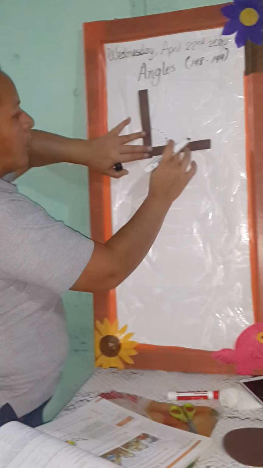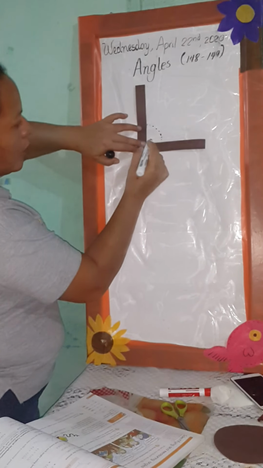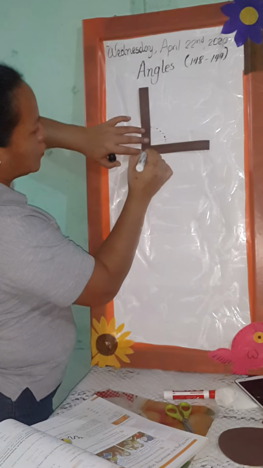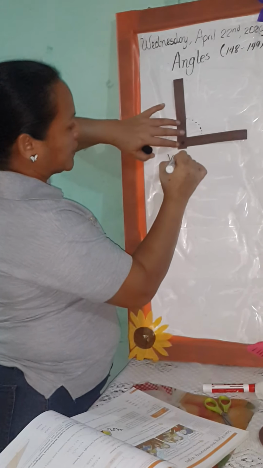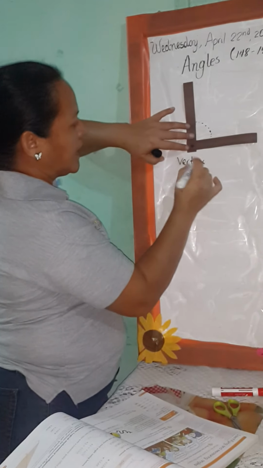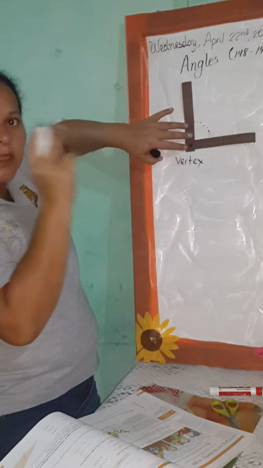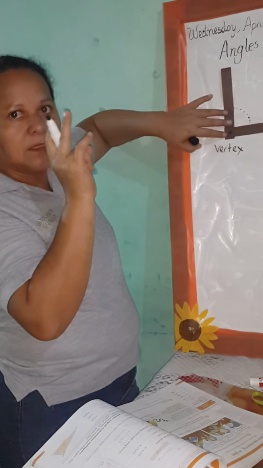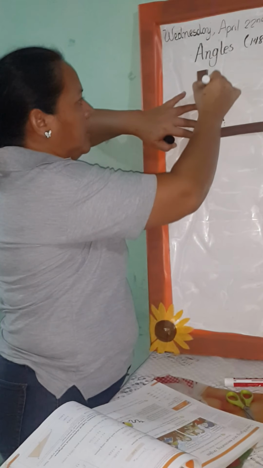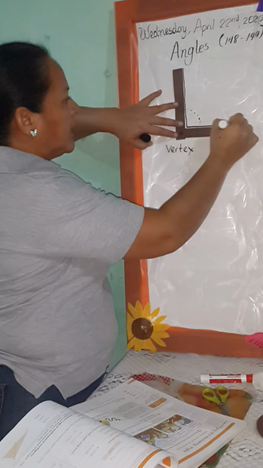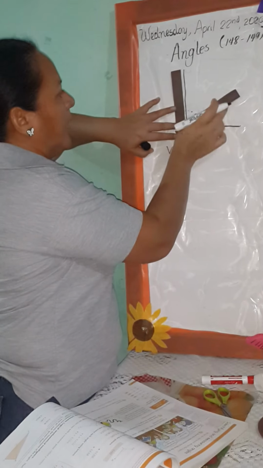This is one angle. This point where these two lines join is called the vertex. This is the name of the point where the two lines get joined or get together. But what you are forming when you match the two lines is one angle.